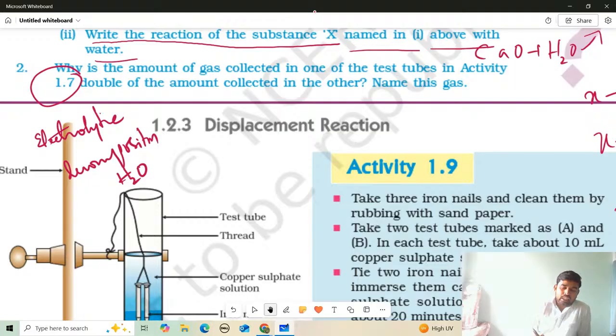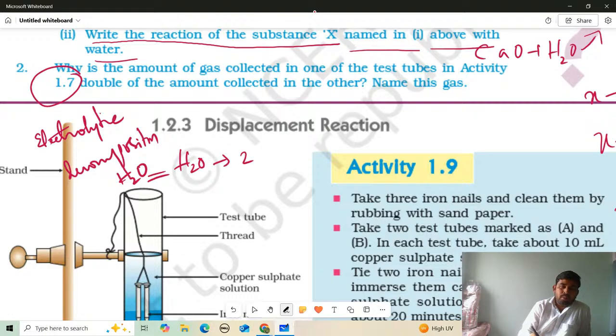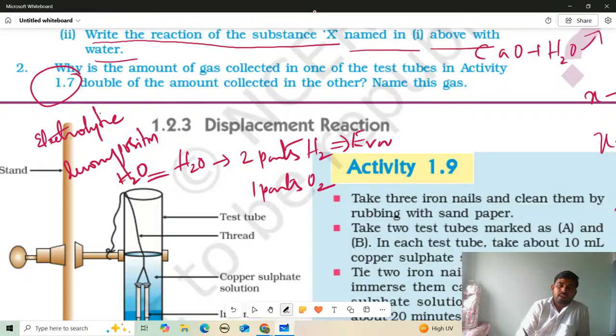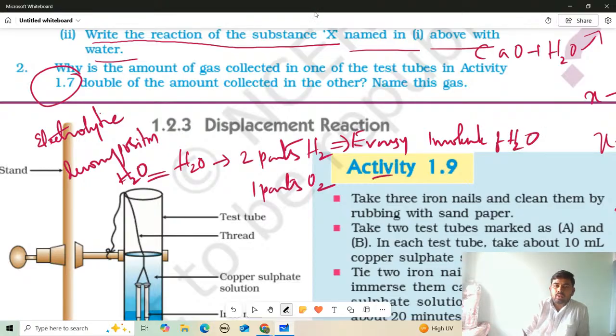They are asking why. Because you know very well, we discussed that H2O is made up of two parts of hydrogen and one part of oxygen. That's why for every one molecule of water, two hydrogens and one oxygen are produced.